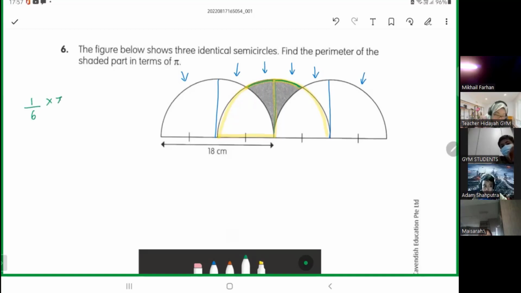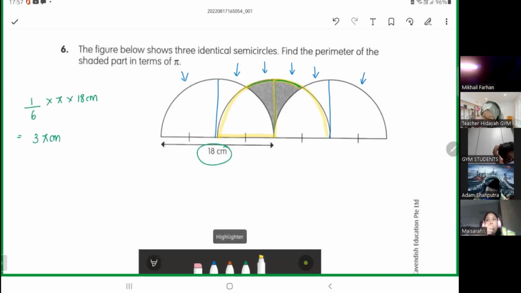Times pi times, so the diameter is 18 cm. The diameter means radius plus radius, which we are already given. So one quadrant arc is 3 pi cm. Now, the perimeter of the shaded part doesn't stop there, because you can see that the shaded part has an arc, another arc, and then this arc.